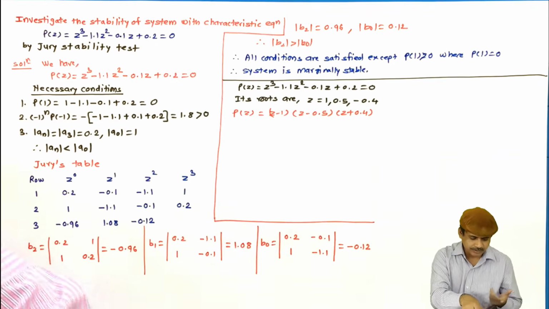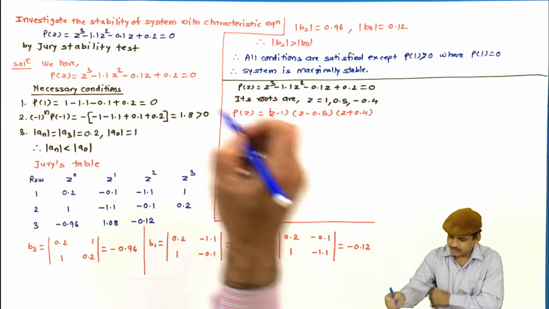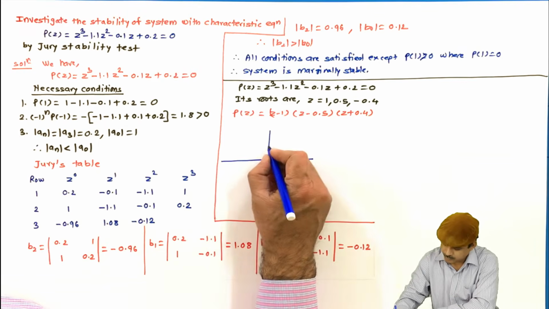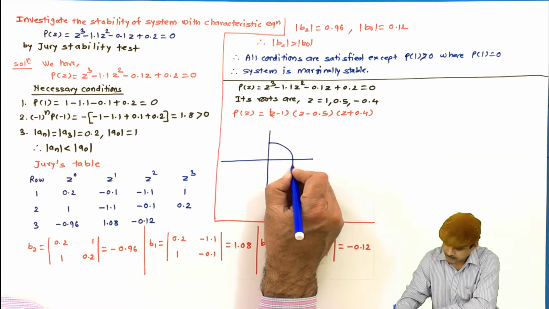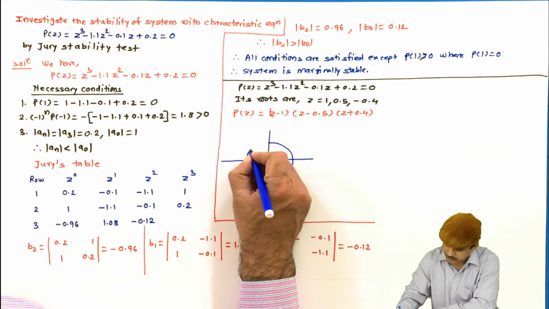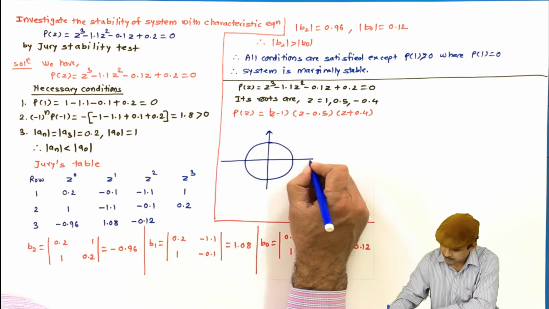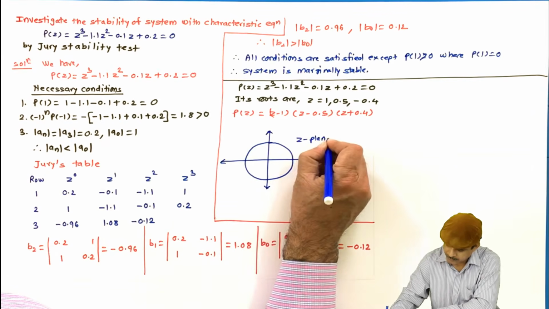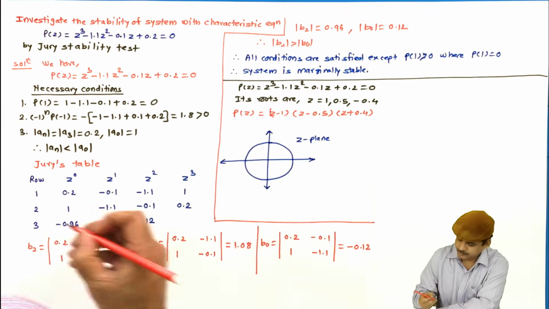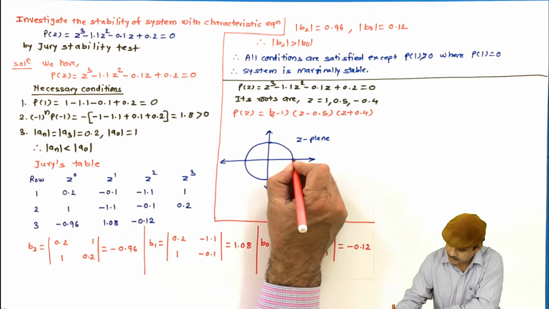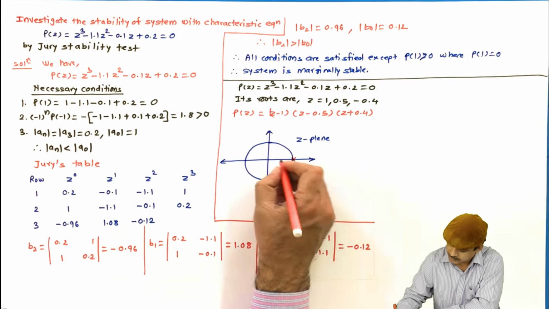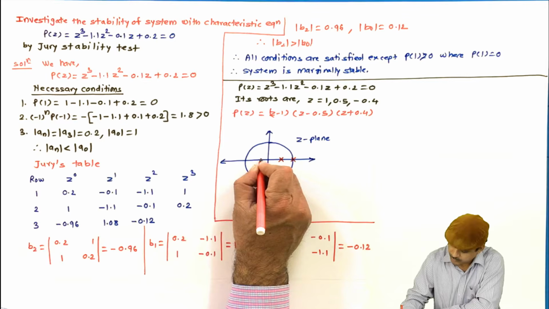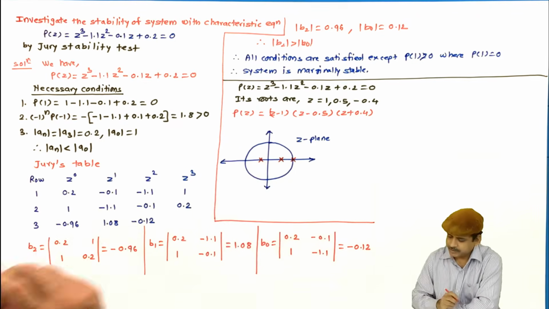Correct. And now just do an exercise, let us have the pole-zero plot in the Z plane. So this is the Z plane. Let us mark all poles. So one pole is at Z equal to 1, second pole is at Z equal to 0.5, and third pole is at Z equal to -0.4.